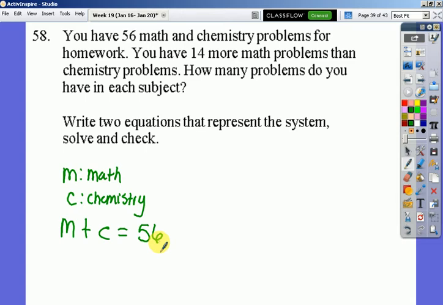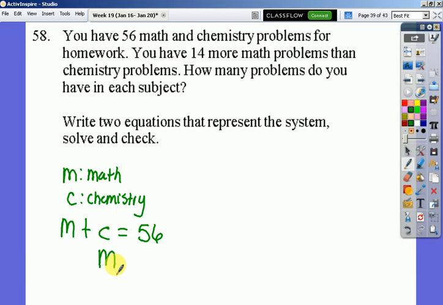It says you have 14 more math problems than chemistry problems. So how can I express that? How can I express my math problems in terms of my chemistry problems? It's always that latter part, that second half, is a little bit more confusing.